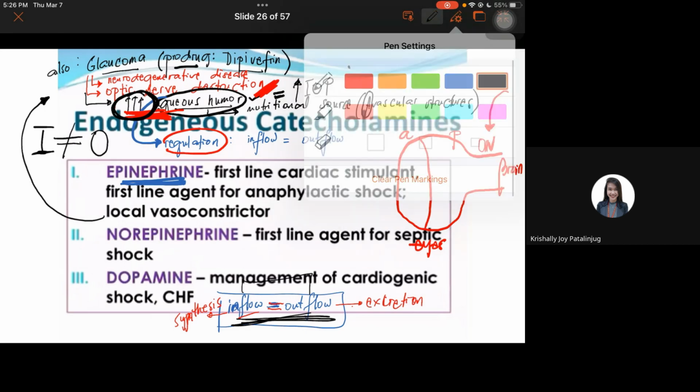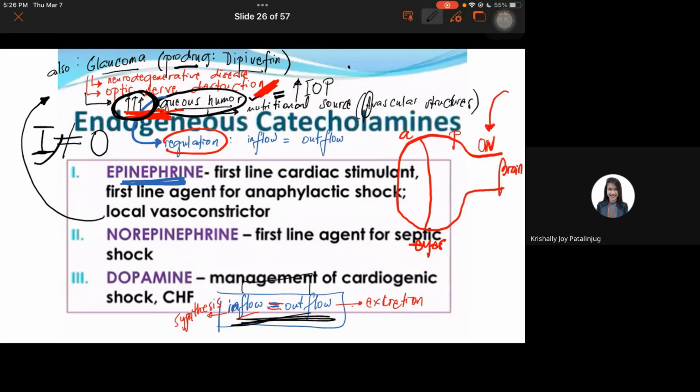Ngayon, sabi natin, kapag hindi balanse yung na-synthesize, halimbawa, ito yung na-synthesize na aqueous humor sa mata, hindi balanse yung inflow at saka yung na-excrete. So, more and more aqueous humor ngayon yung mag-accumulate dyan kasi nga hindi balanse, konti lang yung na-excrete.